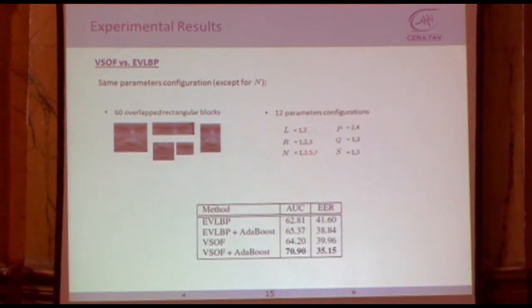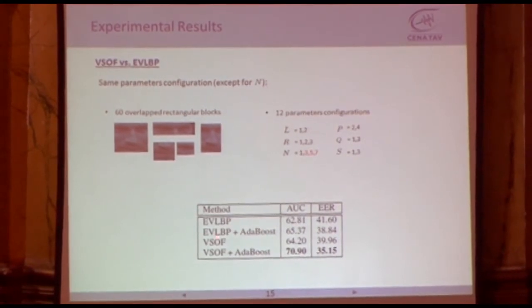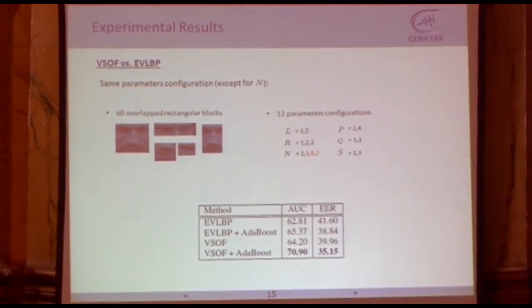You can see here the results using the extended volume LBP and our volume structural ordinal feature without AdaBoost and with AdaBoost, that of course using AdaBoost, as it was shown in the paper of extended volume LBP feature, better discrimination can be achieved.